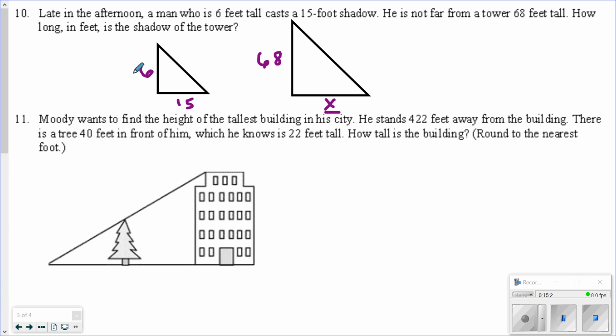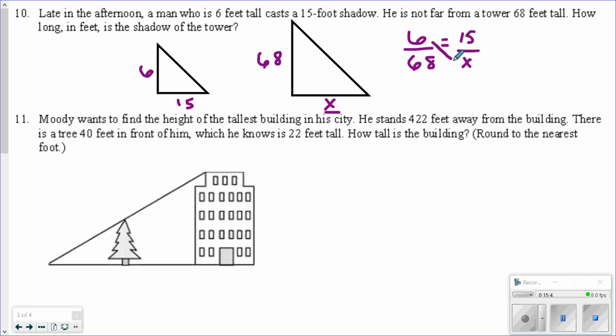All right, and my first step is to compare the two sides that I do know, which is 6 and 68. So 6 over 68 is equal to, 15 needs to go in the numerator, 15 over x.